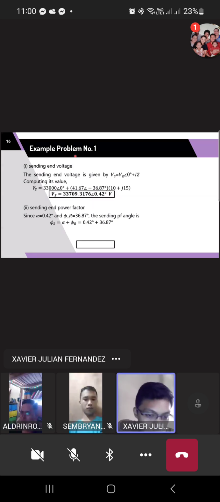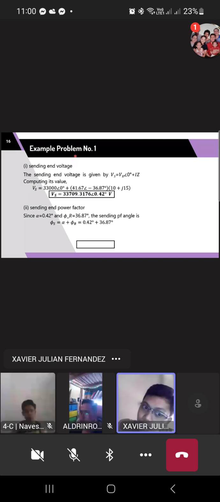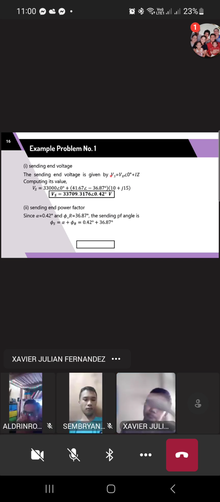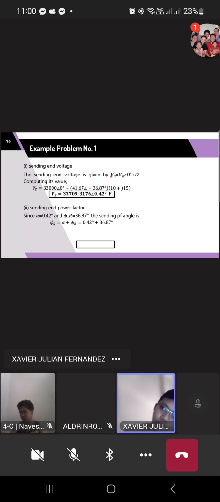Where do we graph 0.42 degrees, quadrant 1 or quadrant 4? Quadrant 1, since it is positive. Next, where do we graph negative 36.87 degrees? Quadrant 4.